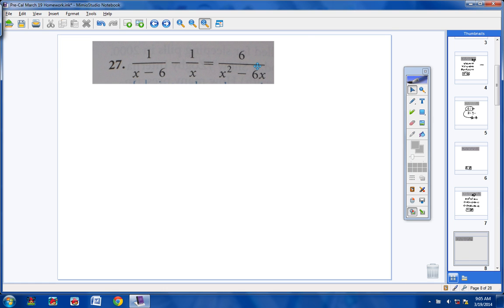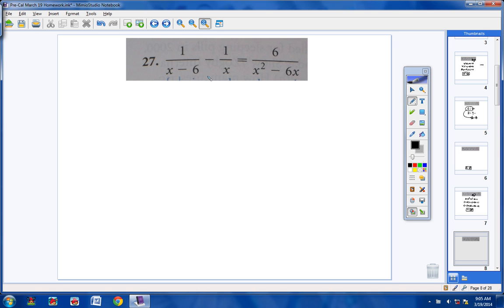All right, number 27, step 1 is to factor the denominators you can factor. You cannot factor this one, you cannot factor this one, but you can factor that denominator. You can pull an x out of both terms. So you're left with x minus 6. So pretty standard factoring. And now let's find our common denominator, okay? Here we go. Let's see.